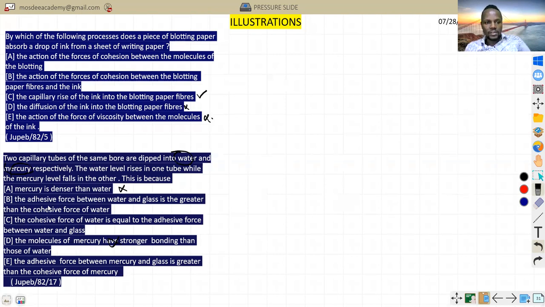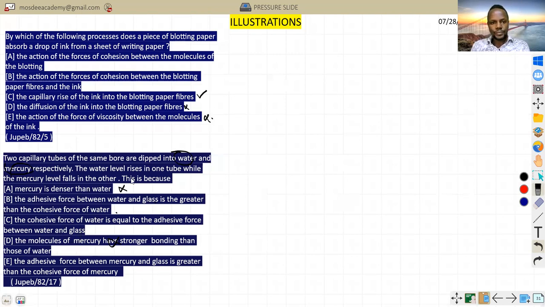Well, look at this: the adhesive force between water and glass is greater than the cohesive force of water. The cohesive force of water is equal to the adhesive force between water and glass. This is valid? I like this question because it makes you think.